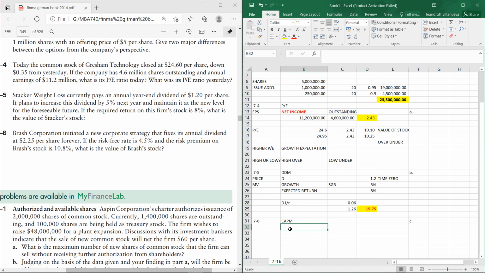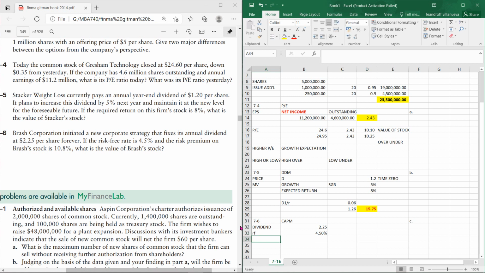Anong sinabi dito? How much is your dividend? We have 2.25. Okay, that could be your dividend. And, ano nakalagay? Risk-free rate is 4.5%. This will be your risk-free rate.